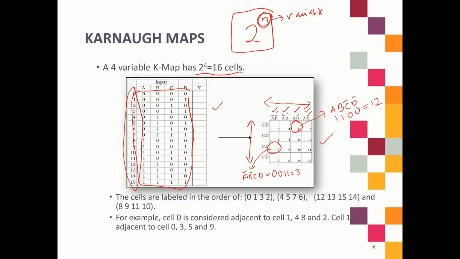Other than these two values, you also have the product term. So how you label your product term, for example, A bar, B bar, C bar, D bar, where should you put those variables? You have to make sure that when you put the variables or the product term, they differ in only one variable. That is the most important thing, how you are going to label the K-map.